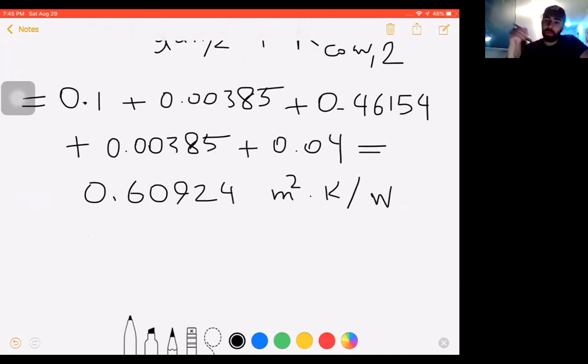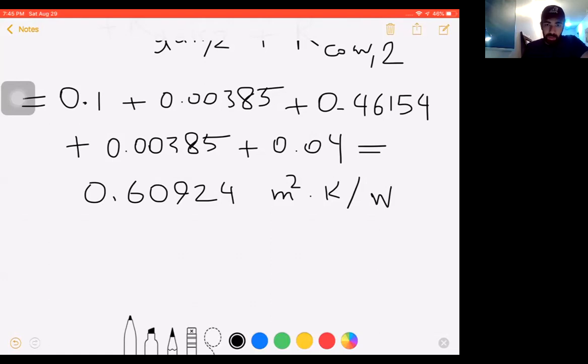If we had included the area, the unit at the end wouldn't have this meter squared, because all the denominators had that meter squared unit, and that would remove it from our final answer.